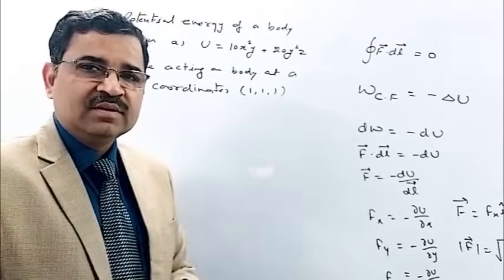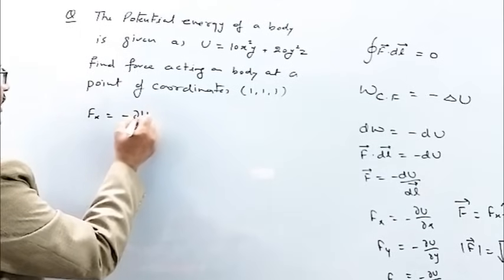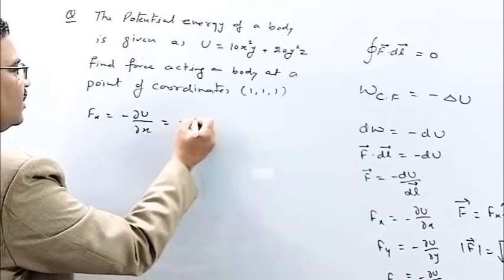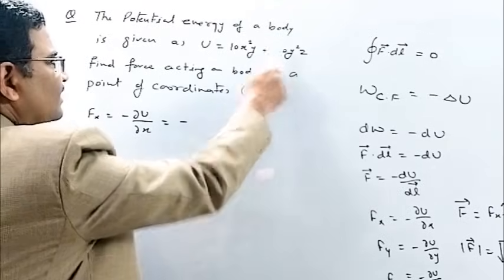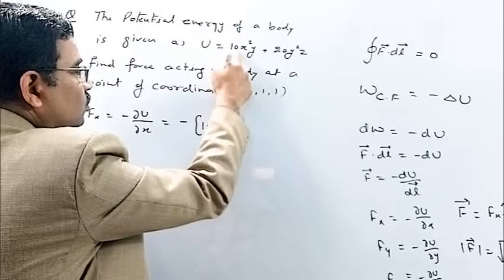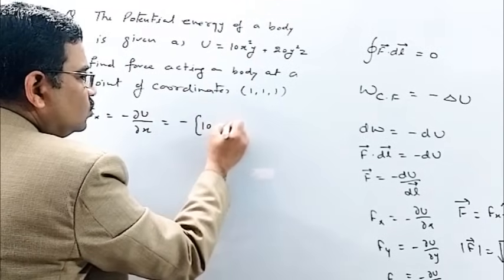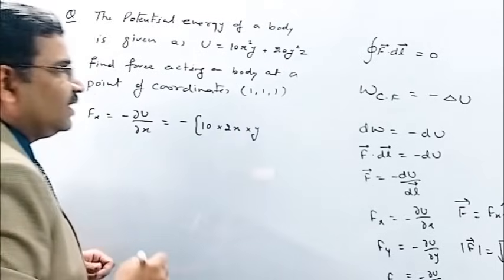So let us apply this. So fx is equal to minus del u by del x. Now differentiation of this with respect to x, taking y and z as constant, so this will be 10x square. So the differentiation of x square is 2x. Y is a constant term, so it will be written as it is.